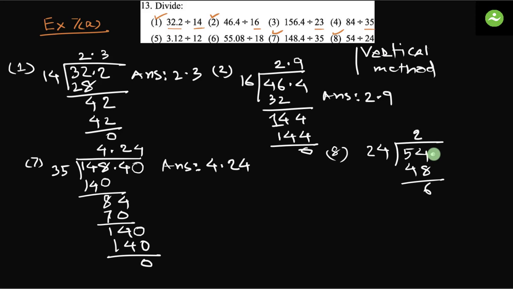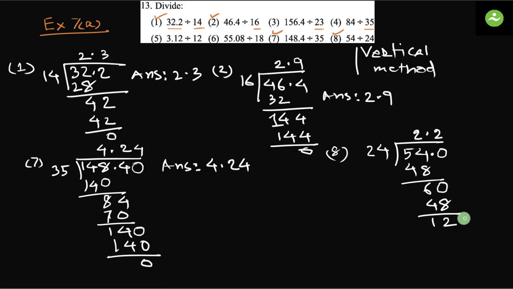We add a decimal point here and a 0 here, and bring down that 0. Before you bring down this 0, put a decimal point. Bring down the 0. 24 into 2 is 48. Deduct 48, it's 12.